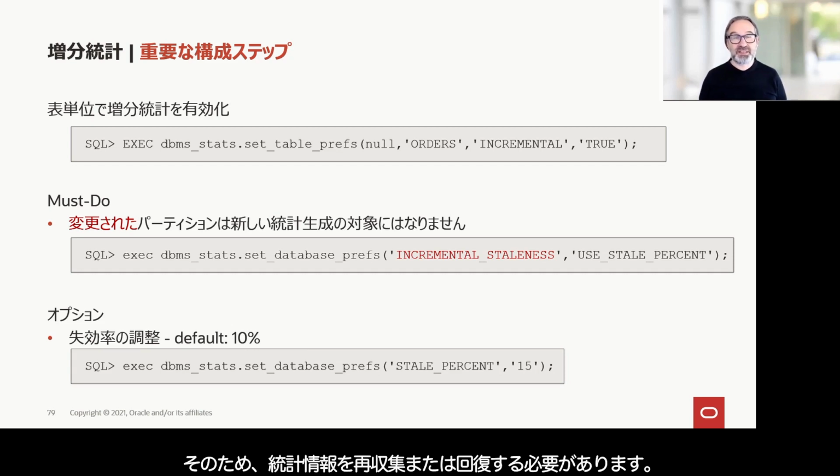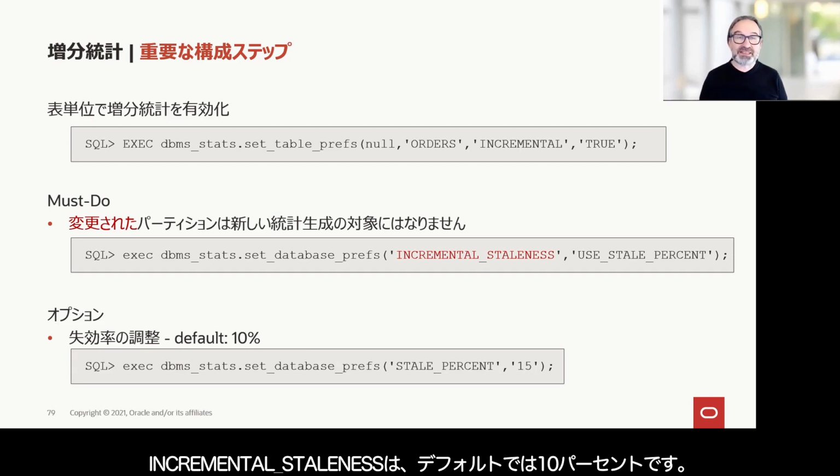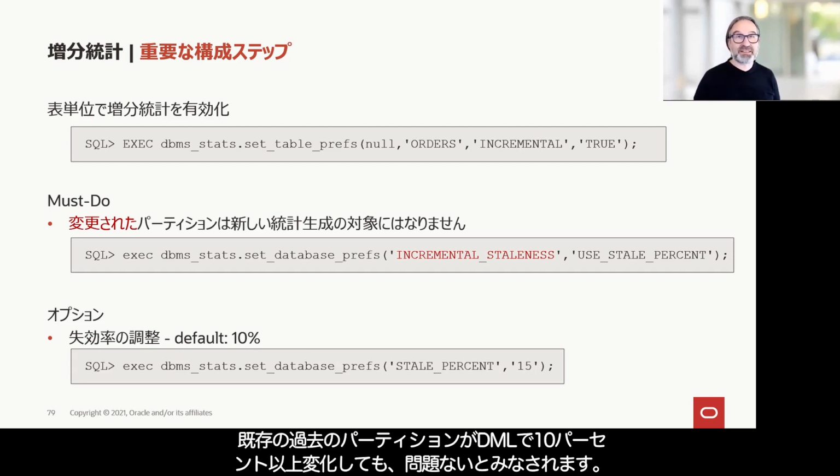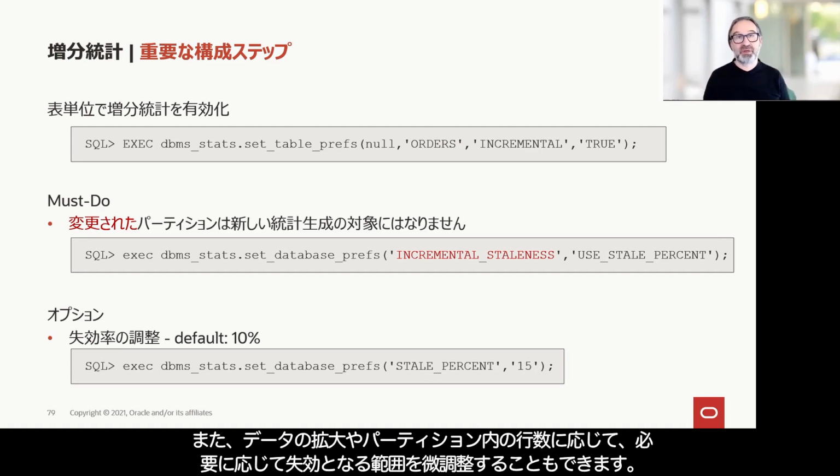So that stats need to be recollected or regathered. With incremental staleness, by default 10%, this existing previous partition could change more than 10% with DML and still will be considered as okay. And you can even tweak the staleness if you need to.